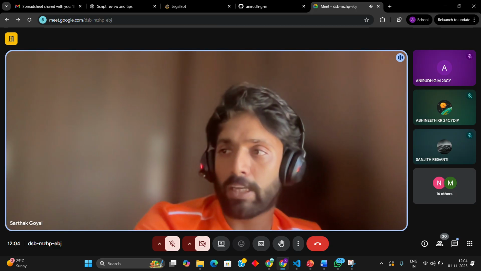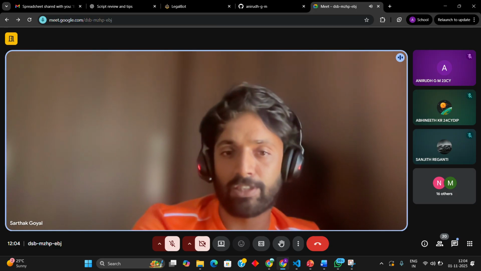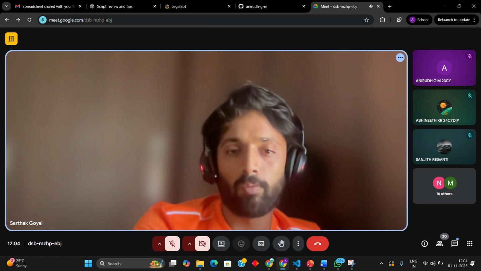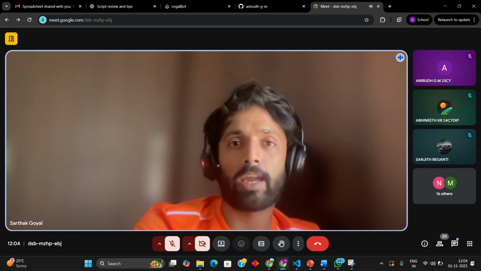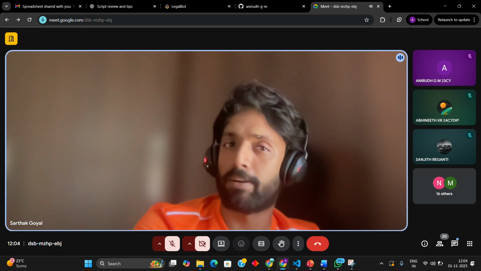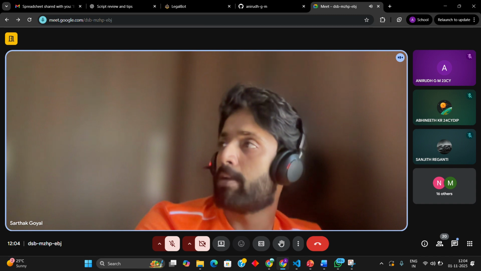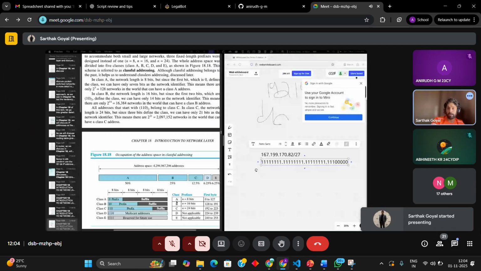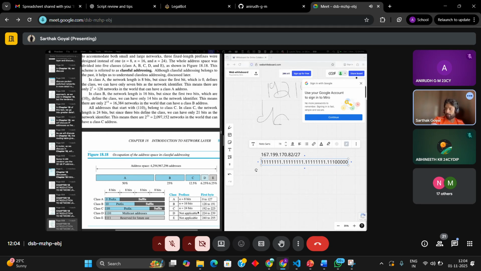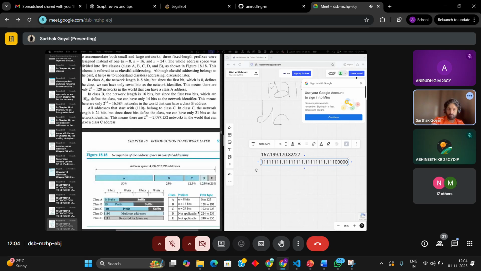In reality, what exactly happens is, as an organization, when I go to the internet or when I go to the particular ICANN, I have to tell them that I need these many IP addresses. According to that number of IP addresses, ICANN gives me a class of addresses. Let's say, like I said, Abhineet, right now I want 100 addresses, but Abhineet told me that you can take class C addresses.